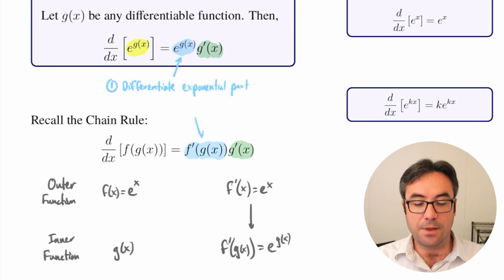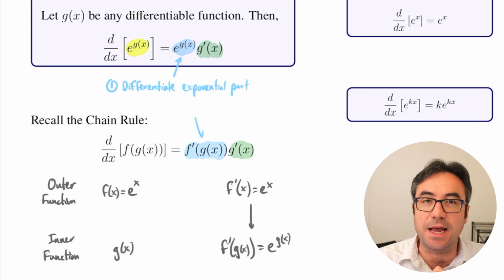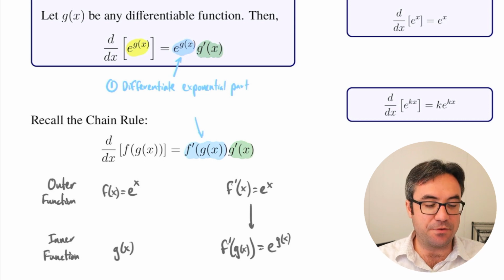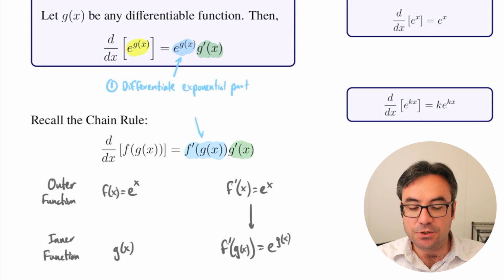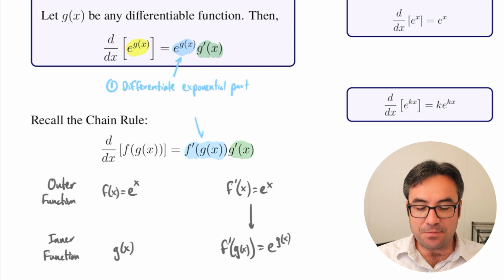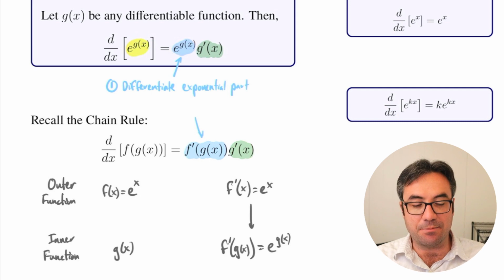And we know that when we differentiate that exponential part, it just stays the same. That's the nice thing about e to the x. The derivative of e to the x just stays the same. So when we're differentiating a general exponential function, the exponential part just stays the same.